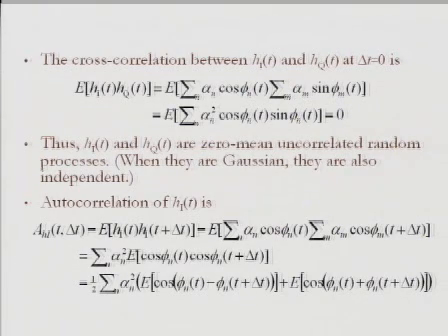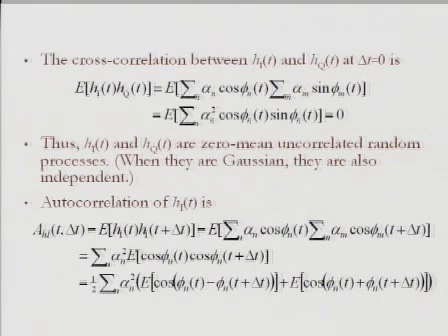Okay? So at this point, we can invoke another useful trigonometric relationship that says, let me write it down. So we have the cosine of x times the cosine of y.